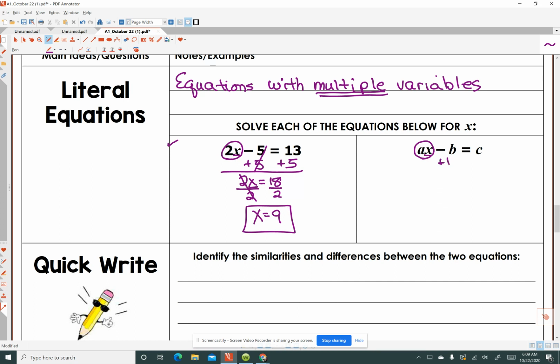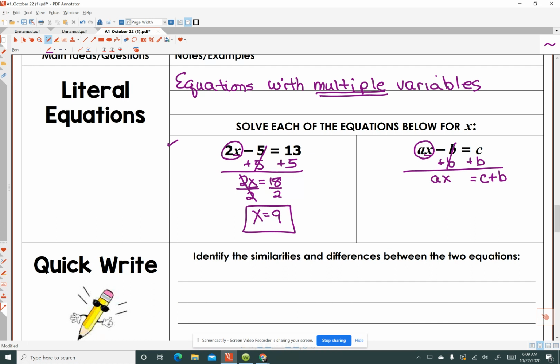So I'll need to add b, and whatever I do to one side of an equation, I do to the other. Now, b and c are unlike terms. I cannot combine them. So what I have is, on the right side of the equation, c plus b. On the left side of the equation, I still have my positive ax.